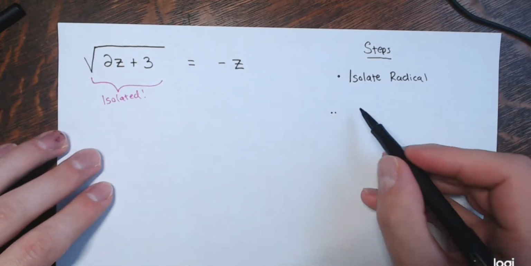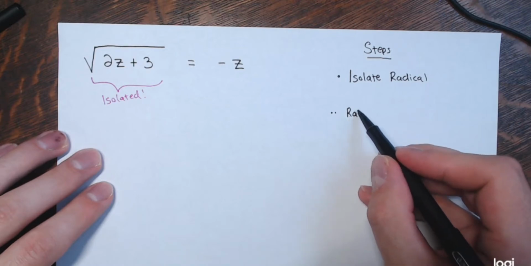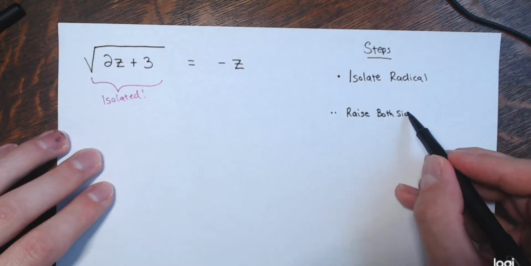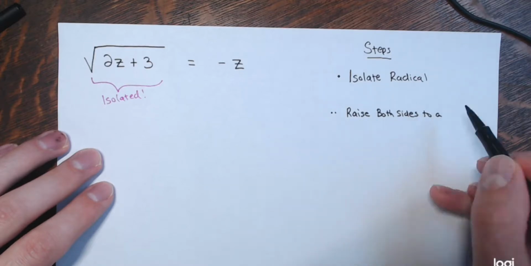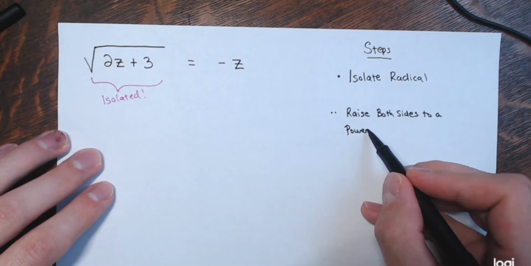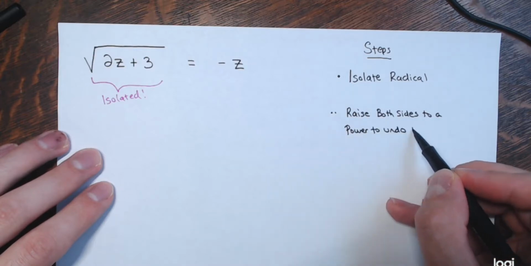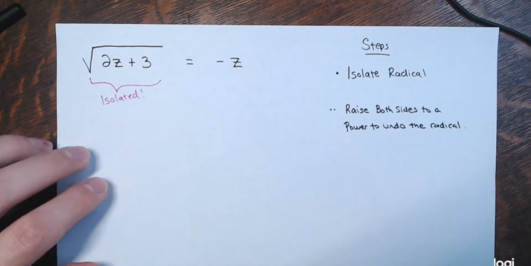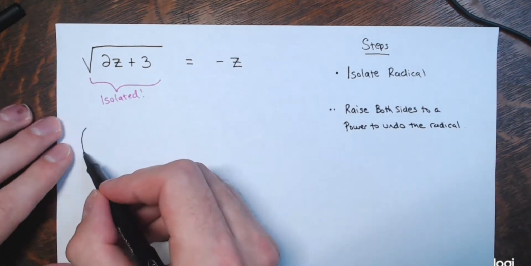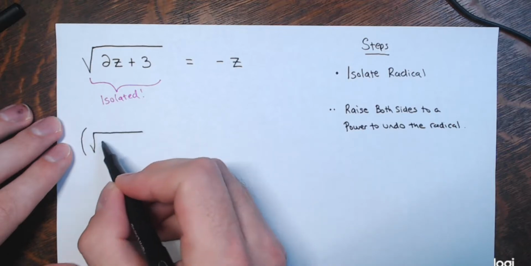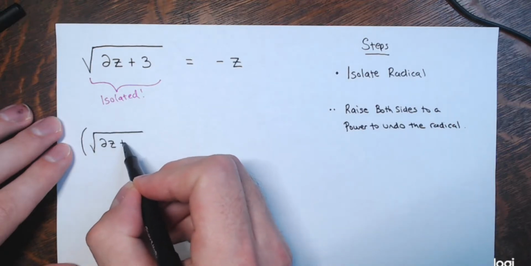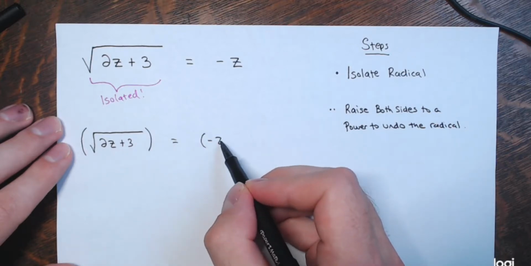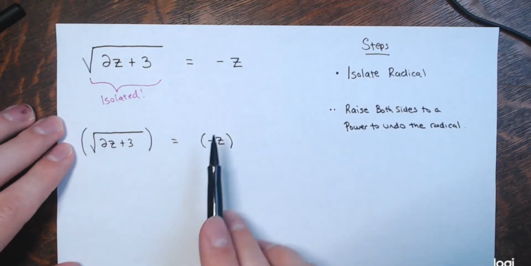Then I'm going to raise both sides to a power to undo the radical. I want to take this radical equation and write it as an equation without a radical. So let's take the square root of 2z plus 3 and the other side, negative z, and raise both to some power.